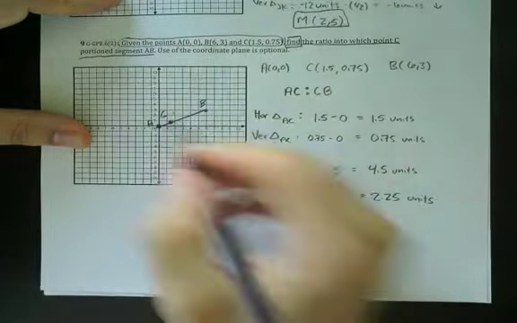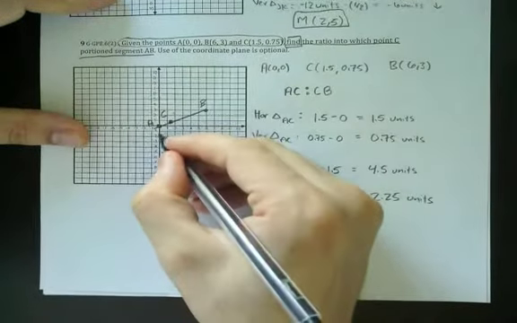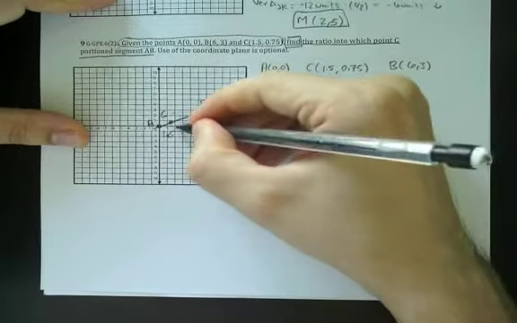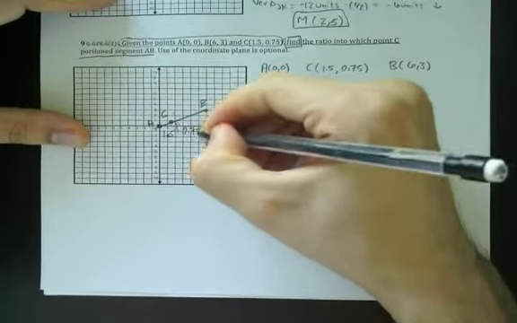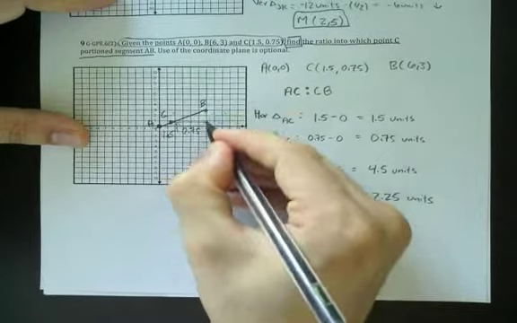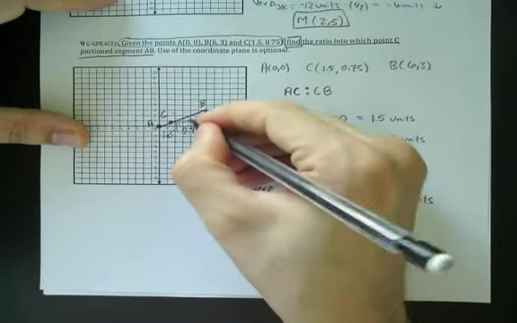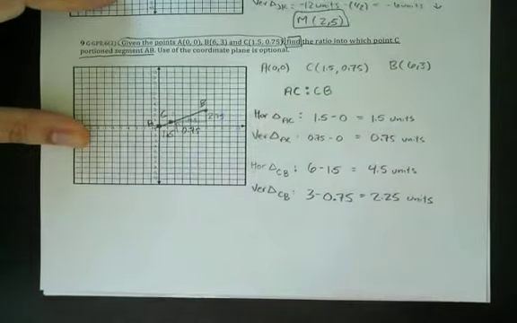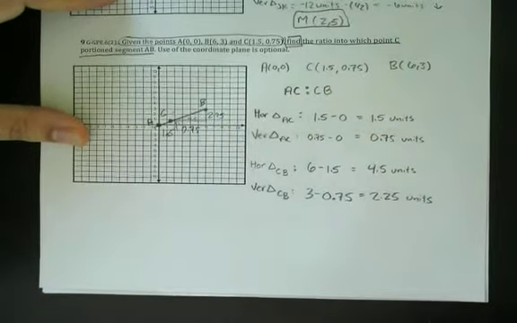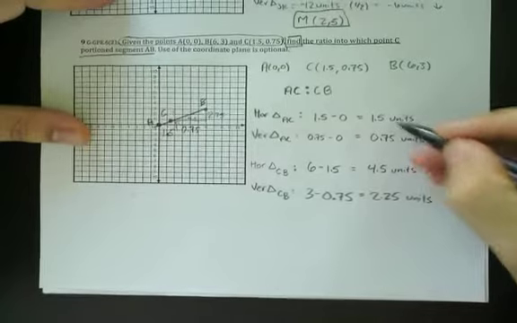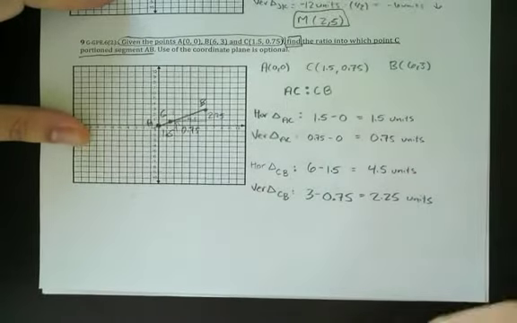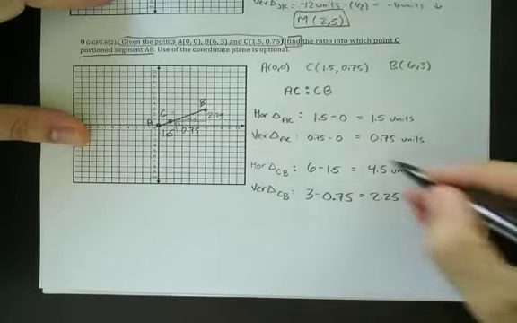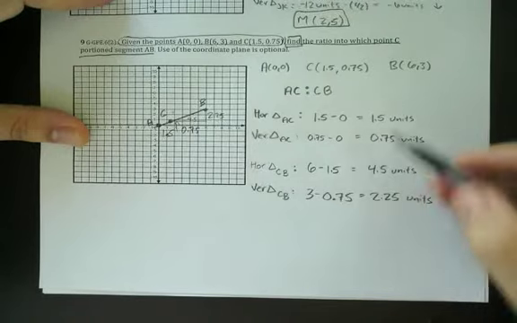So what that means is to go from A to C, I went over 1.5 units, and I had to go up 0.75 units. From C to B, I had to go over 4.5 units and up 2.25 units. There's a small pattern I'm noticing between these numbers and these numbers: these numbers are larger by a particular number compared to these.